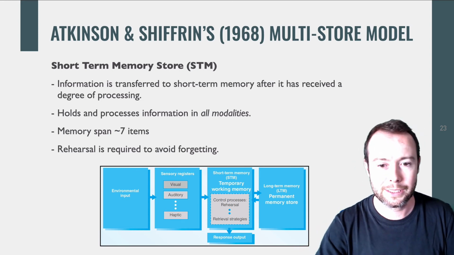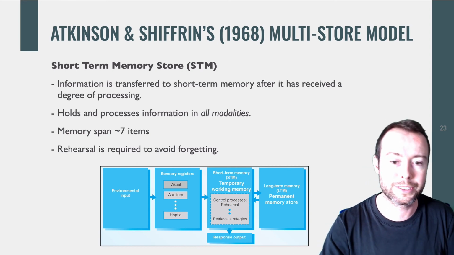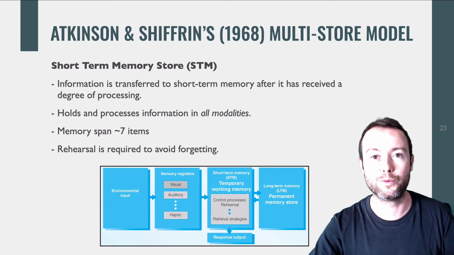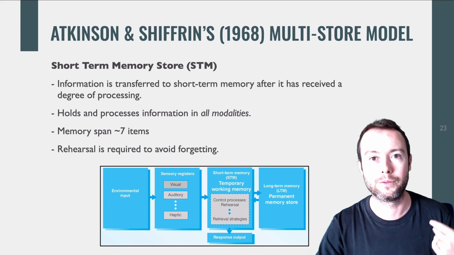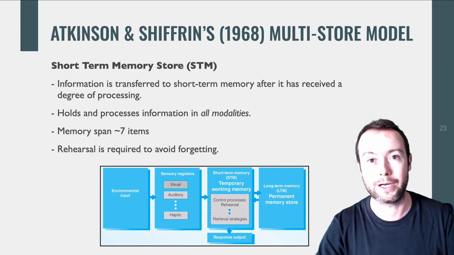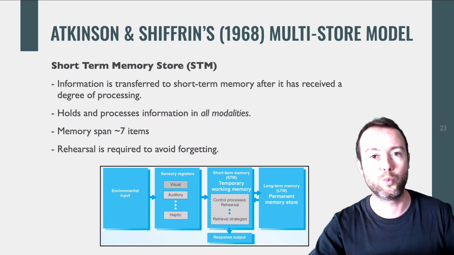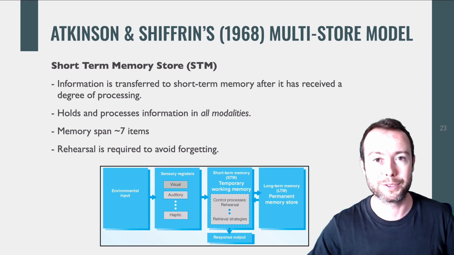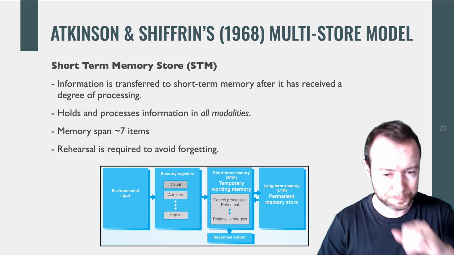And then for Atkinson and Shiffrin, they argued that it holds and processes information across all different modalities. So whether that information is coming from the visual or the echoic or the iconic sensory registers, both of those would come into one central modality independent short-term memory store.